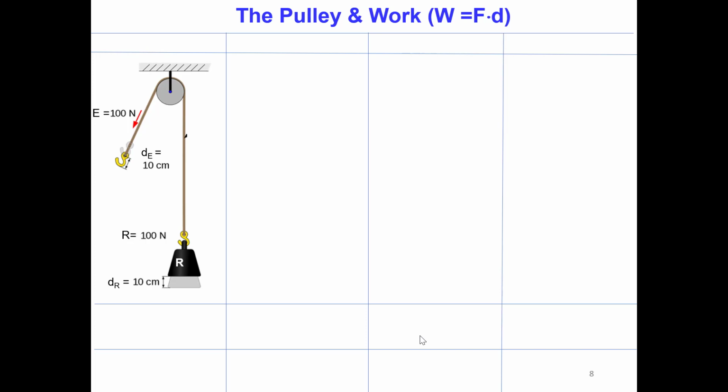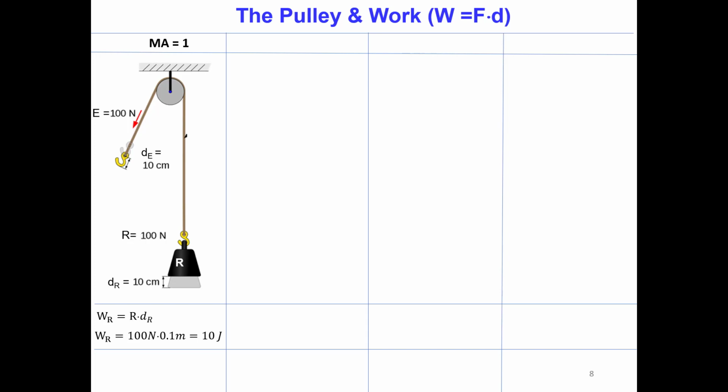And let's see what happened with this pulley system. This is a fixed pulley, and we know in this kind of pulley, the mechanical advantage equals 1. Yes, we have one string here. Then what happened now with the work done by the resistance?